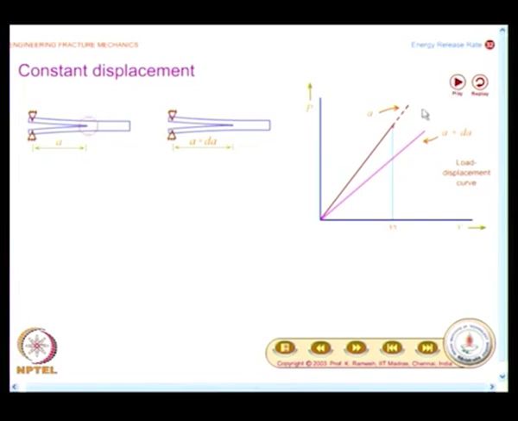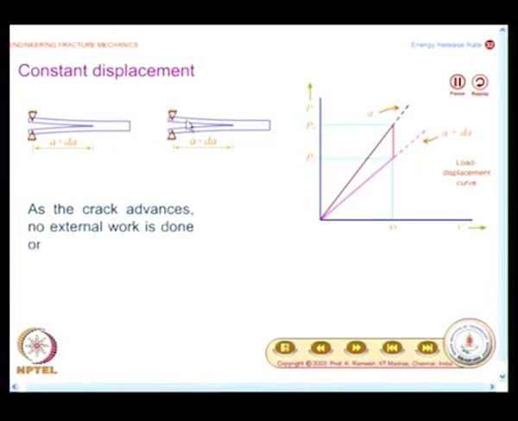Then we look up constant displacement. So, here again you have two systems, one in which crack was initially A, it has propagated to A plus delta A, and you have these graphs, and the point of application does not move, it is called fixed grips.